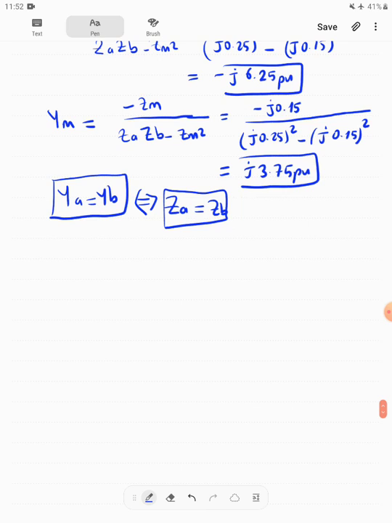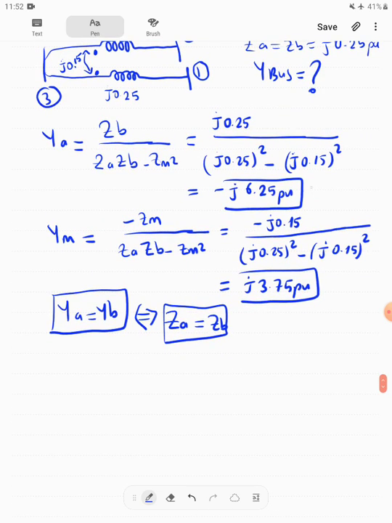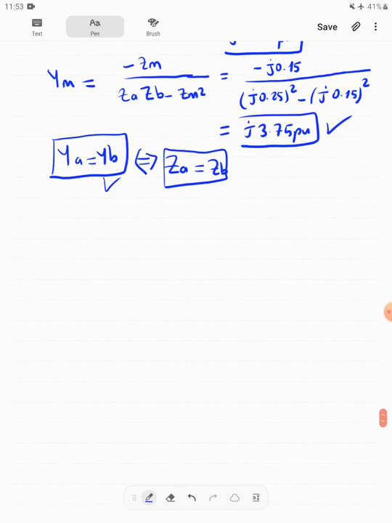So up to now, we have found Ya, Yb, and Ym. Now the next step will be constructing Y bus by using the method previously shown.